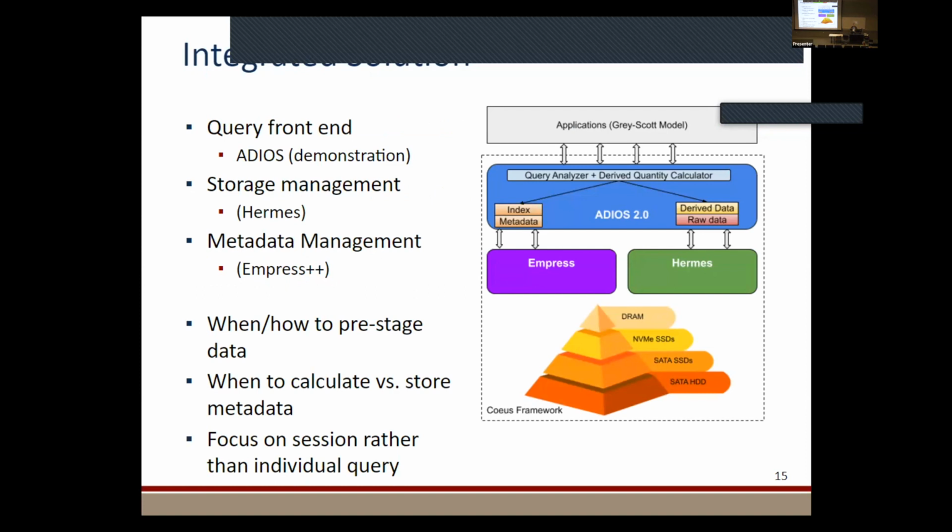In terms of the storage management, we're going to use Hermes, again from IIT, and for the metadata management side of it, we're going to build upon the things that we had done in Empress previously and extend that out to be able to do some more of, how do I store this metadata? Do I compress it? How do I compress it? Where is it physically located? Those kinds of things. And then I have the questions there on the bottom that we're looking at in terms of individual things.